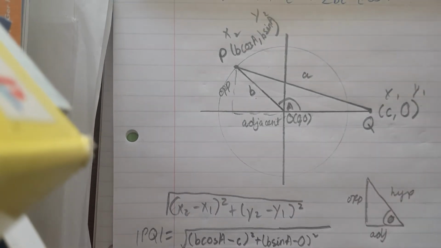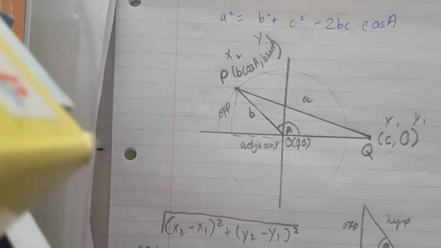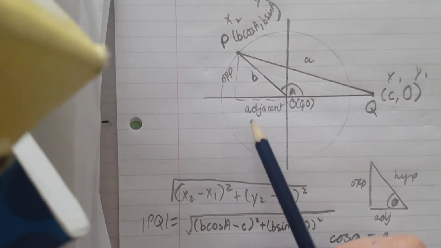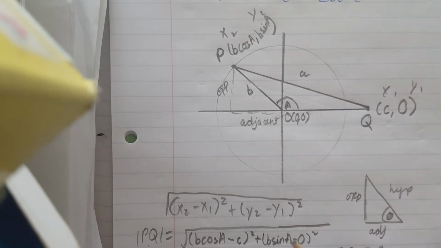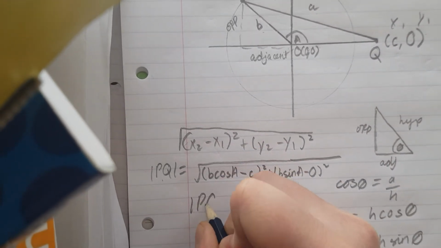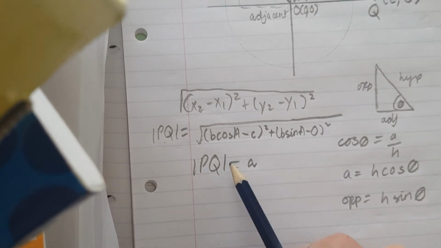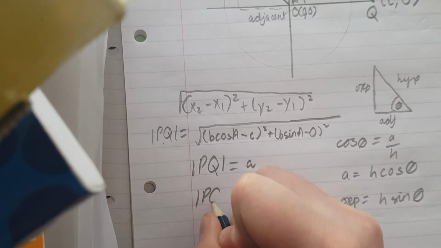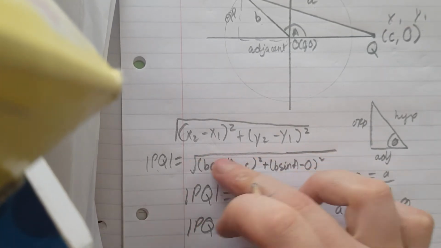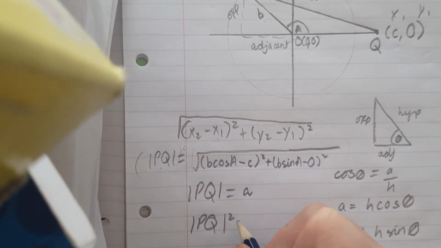And we can also see from the diagram that PQ, the distance from P to Q, is equal to A. So PQ is equal to A. And also, PQ squared would be equal to A squared, because we want to try and get rid of this square root. If we were to square both sides, we'd be able to get rid of that square root.